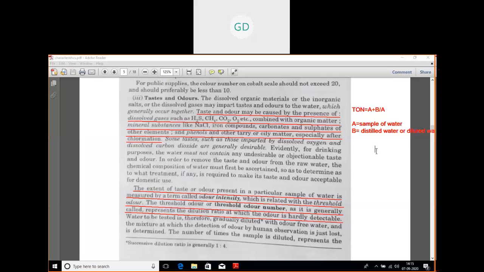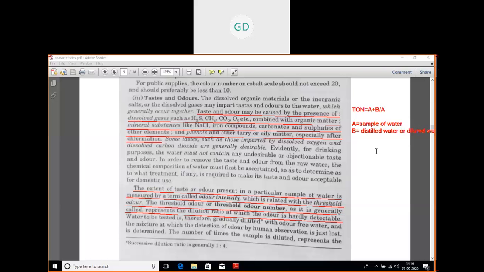You pour your distilled water into your smelly sample and keep on pouring until the sample which was smelly becomes a little bit neutral.